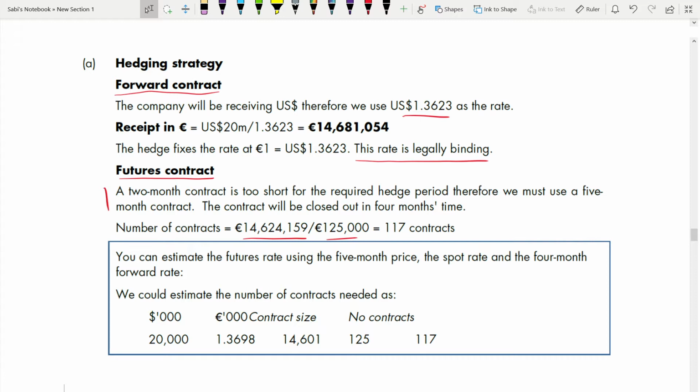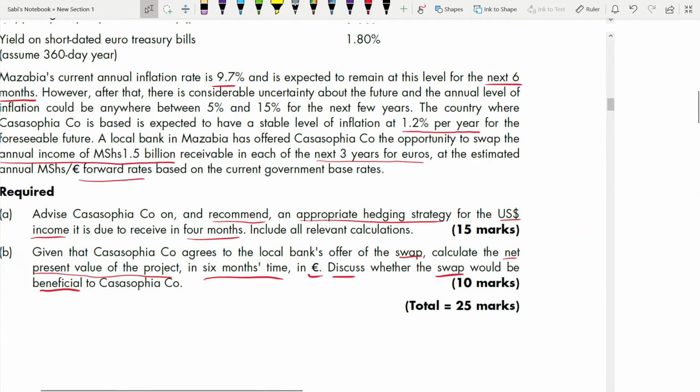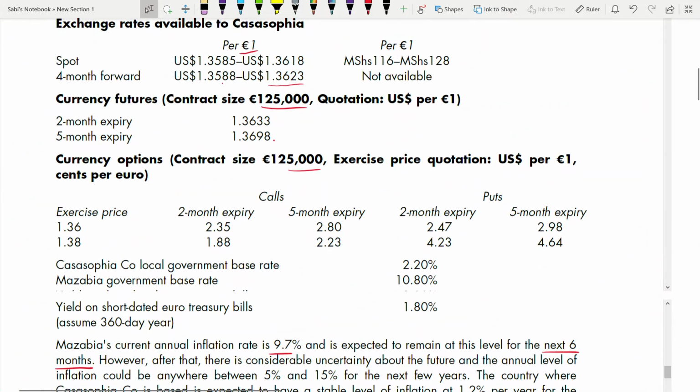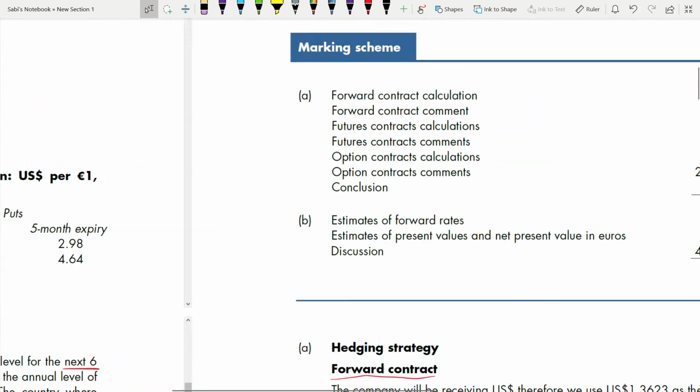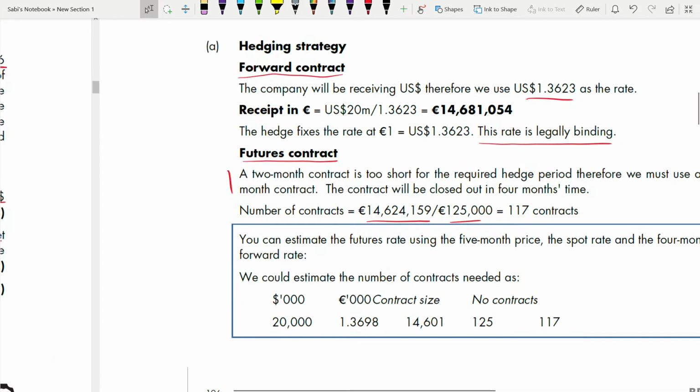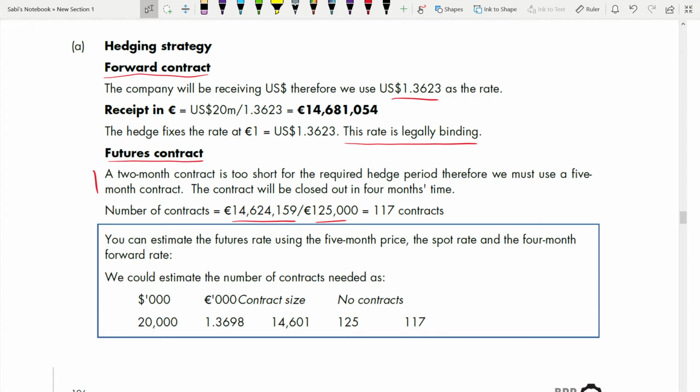Because it is 14,600,671. Because if you're taking 20 million, it will be divided by 1.3698. So this amount is wrong here. This amount will be 14,600,671, right? Or 672, you can say, rounding up.